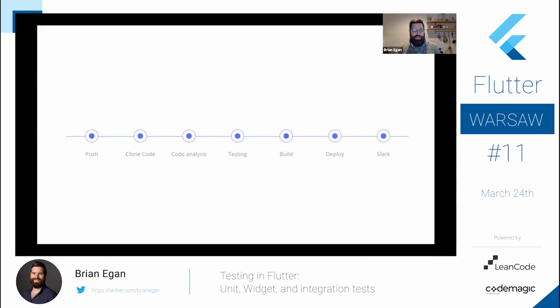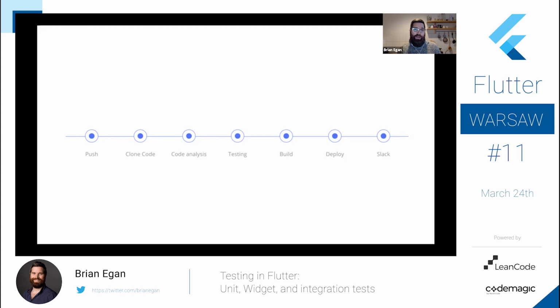And the cool thing is, once you get your testing in place, then you can integrate into a pretty standard continuous integration workflow. So once you actually have your tests in place, then when you push code to your CI or to GitHub or wherever it might be, you can trigger some automatic processes, right?